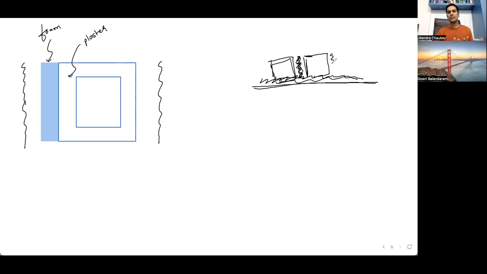So there is a series of mixture of cement and sand, and you can say plaster, and then there are series of bricks, and again there is a mixture over here, and when you rotate this by 90 degrees, you can see this arrangement.